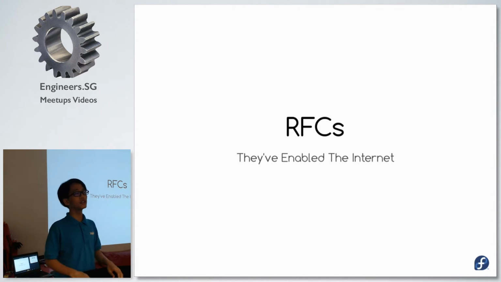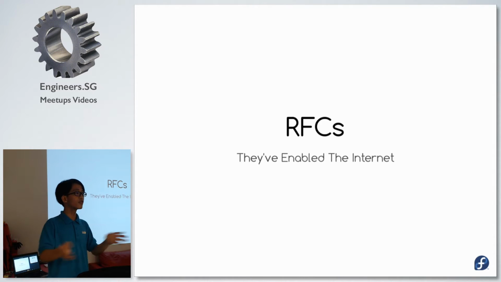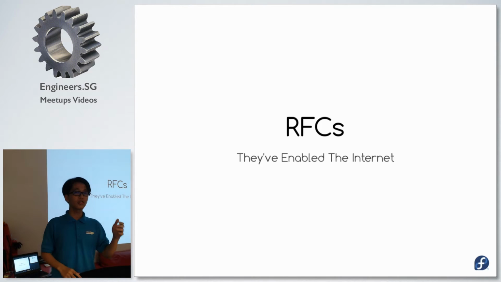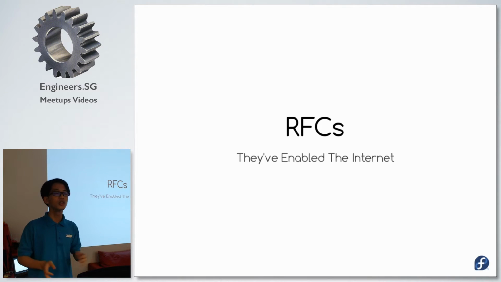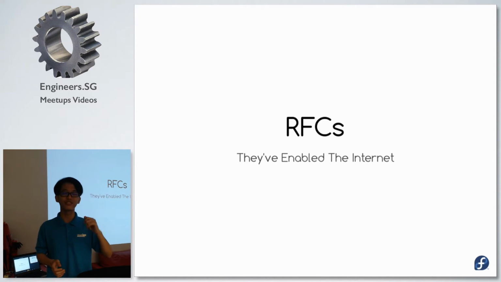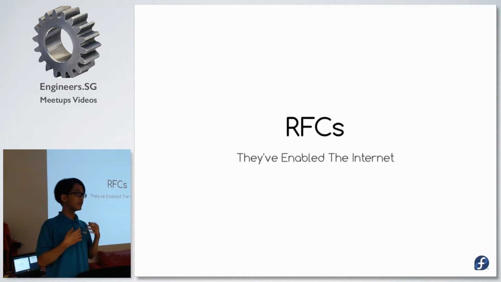Back a long time ago, in the days of ARPANET, we had routers, but different brands of routers couldn't communicate with each other. There were no standards, and the IETF, Internet Engineering Task Force, came in and set the standards out. Cisco and other vendors followed the standards set out by the IETF, and that is what enabled the internet today.